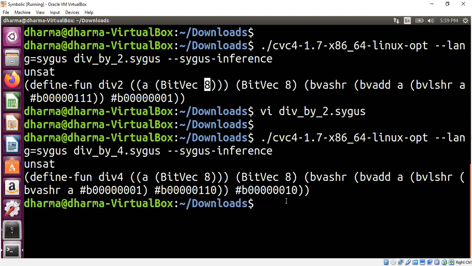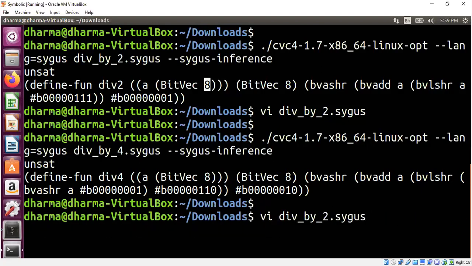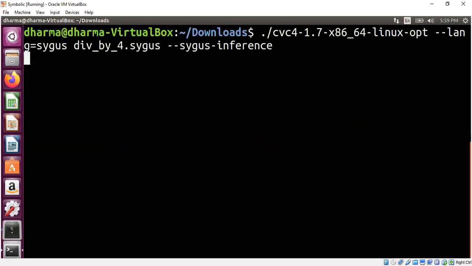Here is the program that is synthesized for 4-bit. Let me clarify what I mean: synthesis for division by 4. So basically, we are dividing the number a by 4. Let's continue this and see some patterns. Maybe I will just show you very quickly. This is for 4. Let's run this.